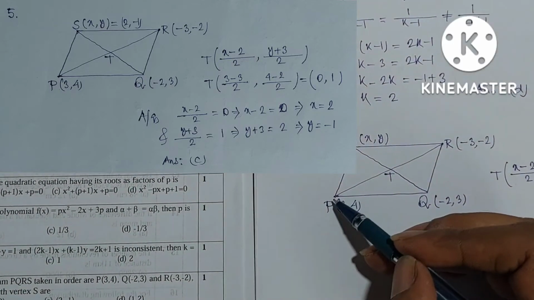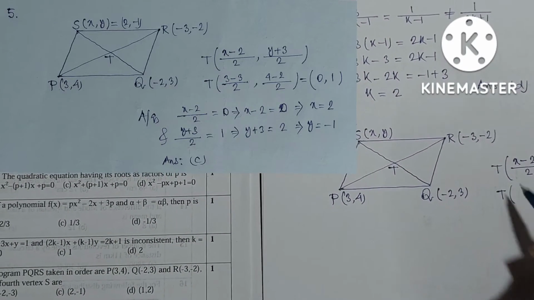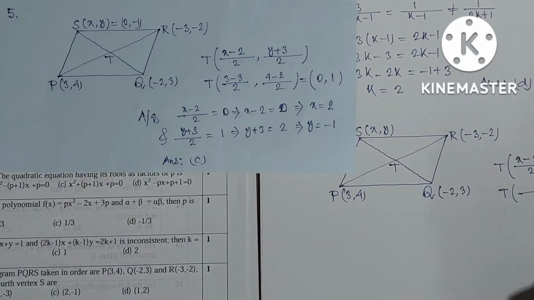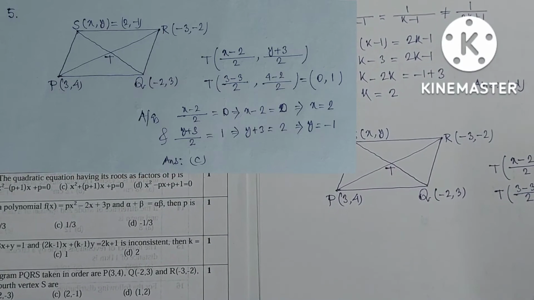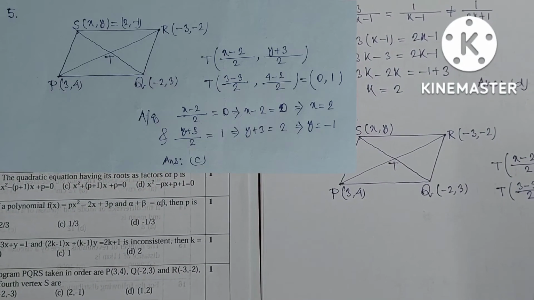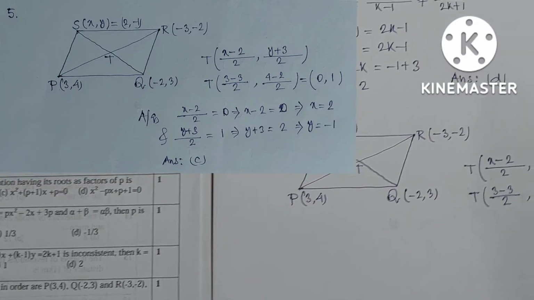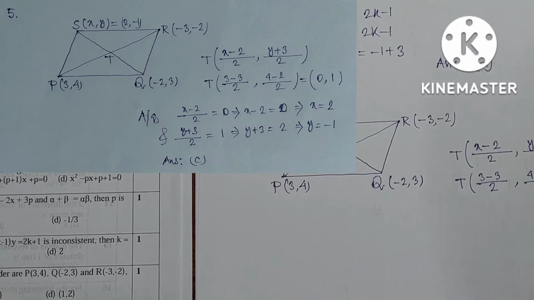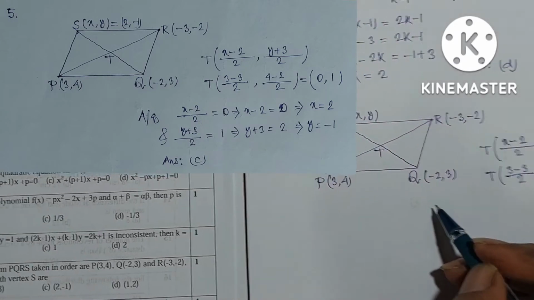Another way, the midpoint of PR, that is T, is ((3 − 3)/2, (4 − 2)/2), and it equals (0, 1).